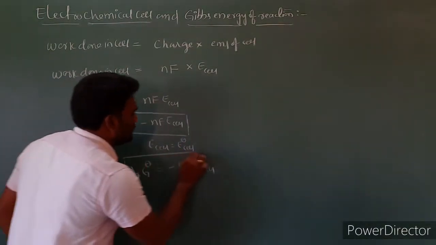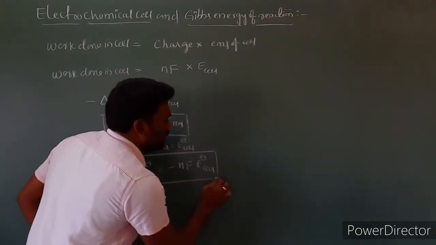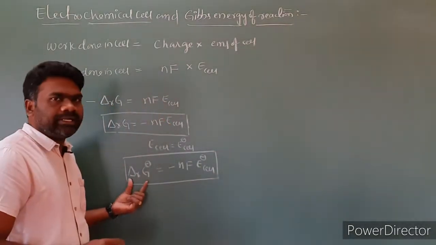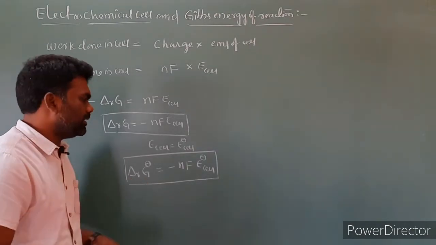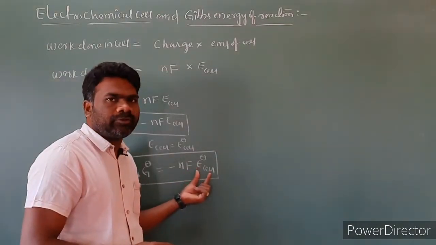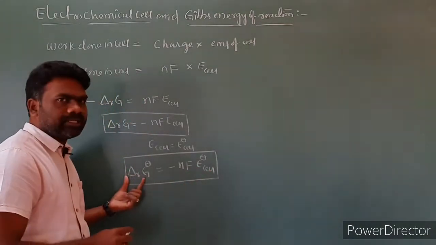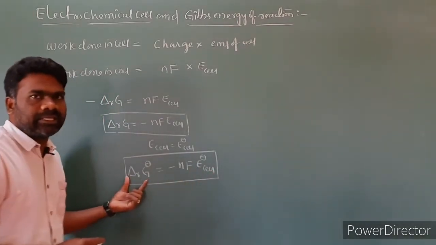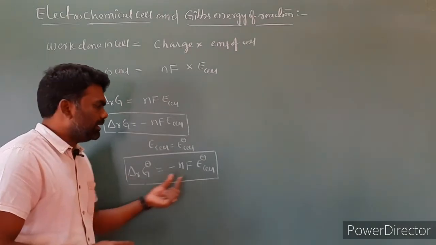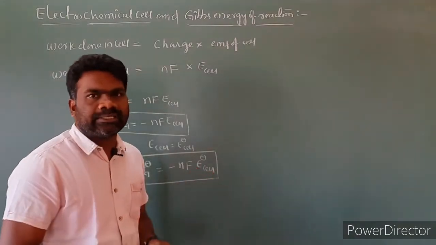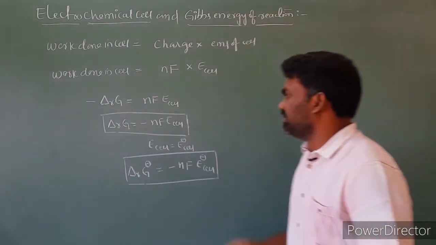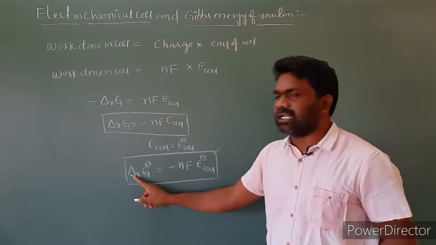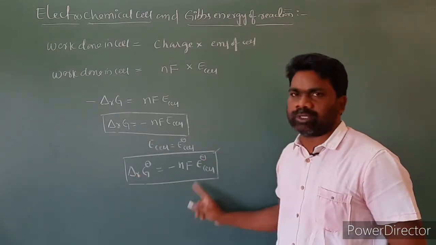So this is the relationship between the standard Gibbs energy and the standard potential of the cell. Here the standard Gibbs energy is an extensive property and the standard potential of the cell is an intensive property.